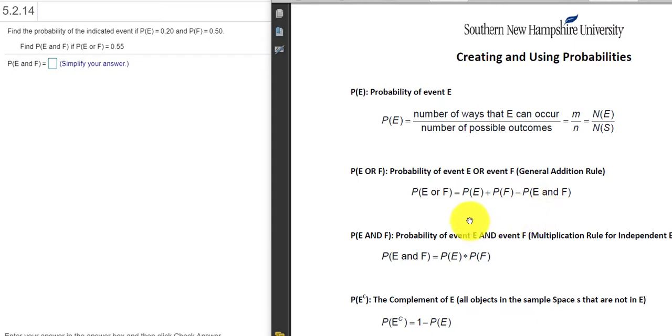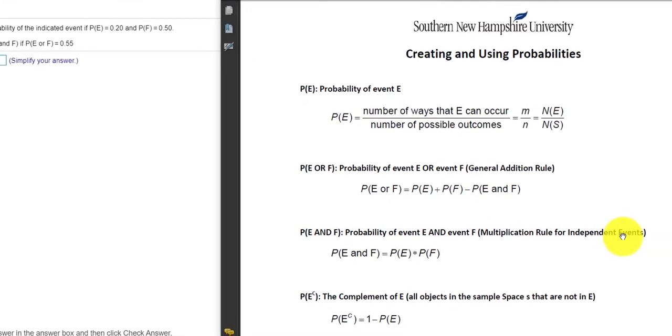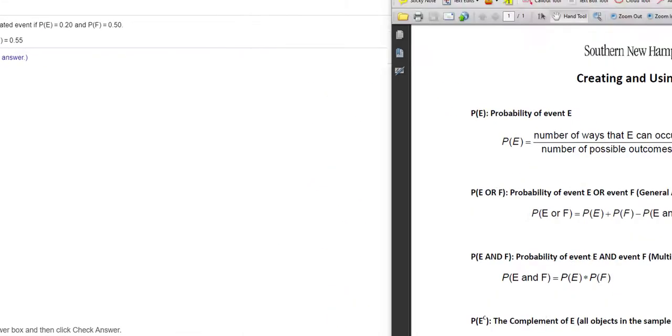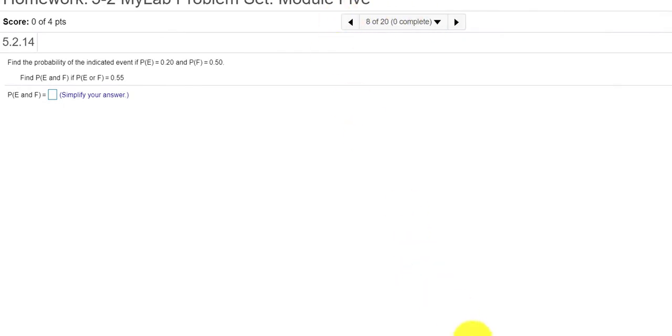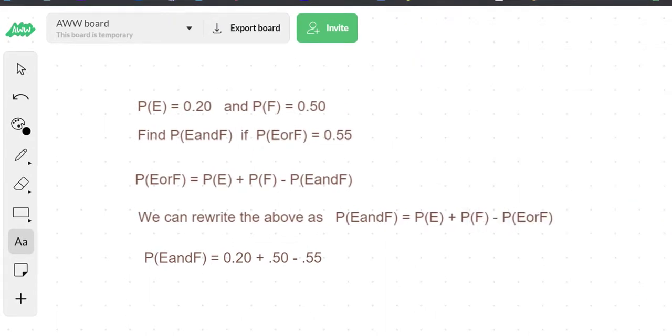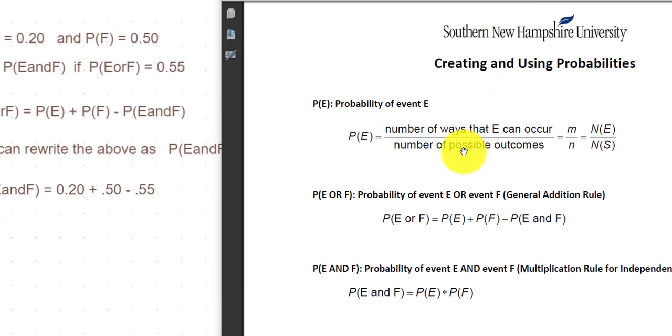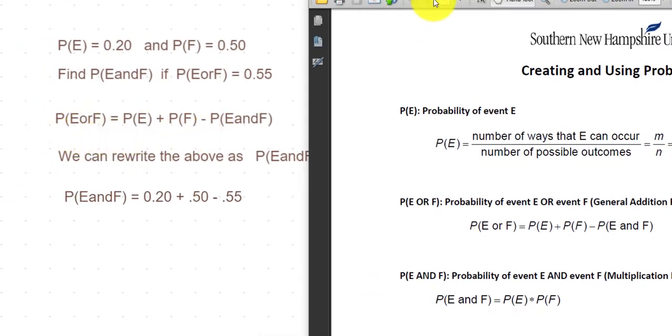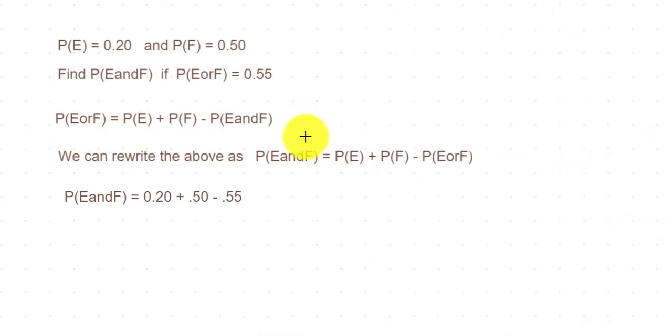But I think you might want to add this to both sides of the equal sign and subtract P of E or F from both sides. So I worked this out on a whiteboard to show you what it might look like. When I wrote this out, we were given these probabilities, and then from your handout, I just rewrote this over here, and then I did the math, right?